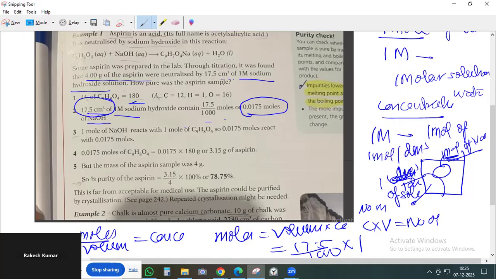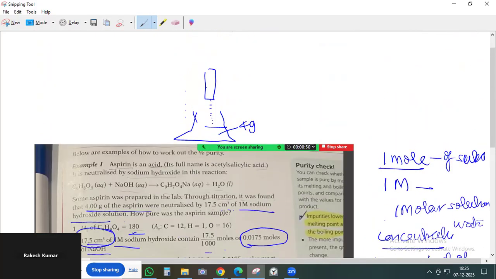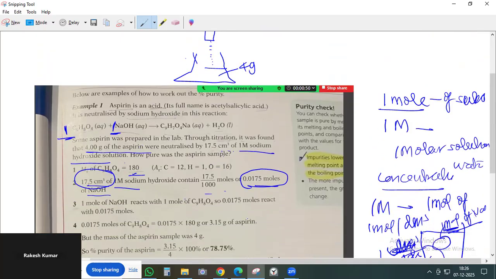Now he goes to the equation. He says 1 mole requires 1 mole, so 1 mole of NaOH consumes 1 mole of aspirin. So that means 0.175 moles of NaOH will consume 0.175 moles of aspirin.